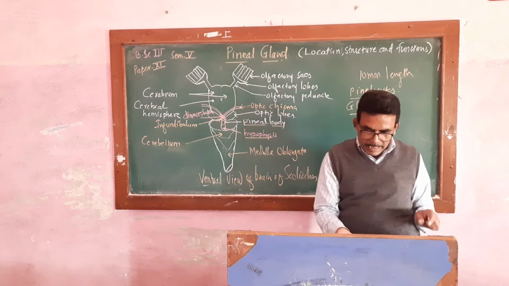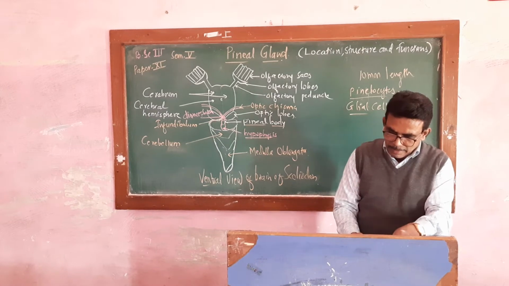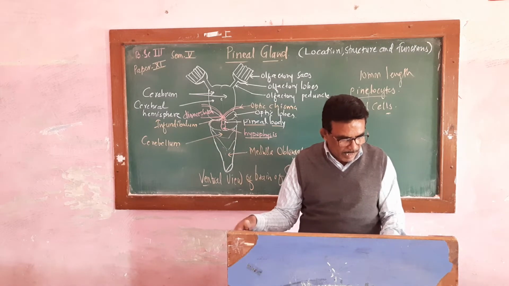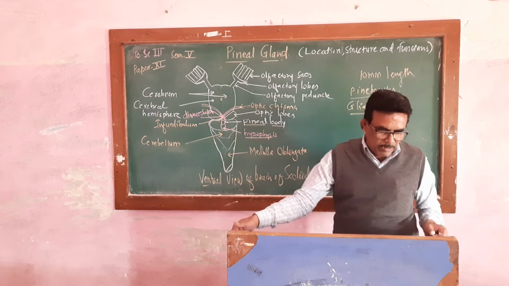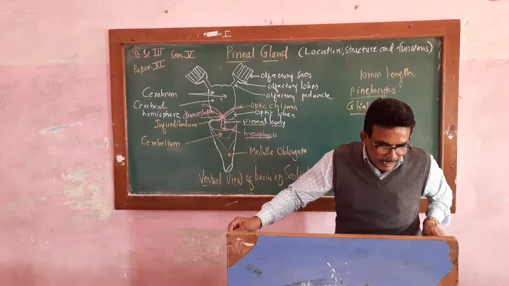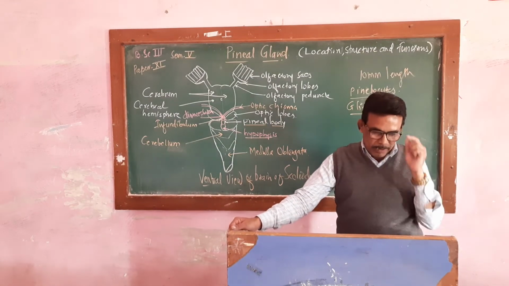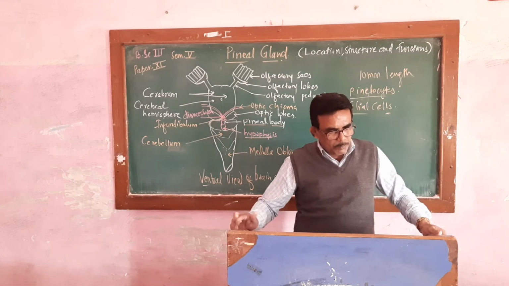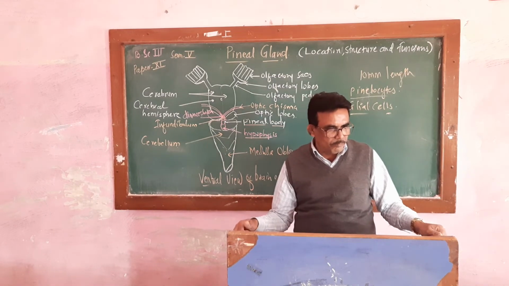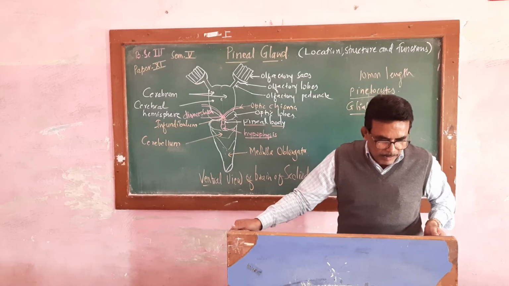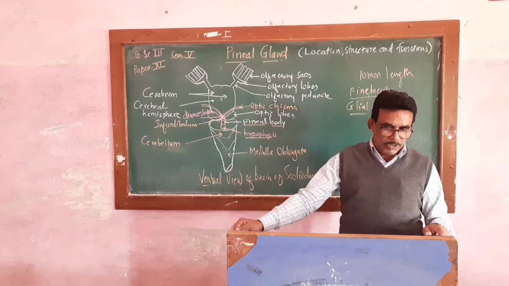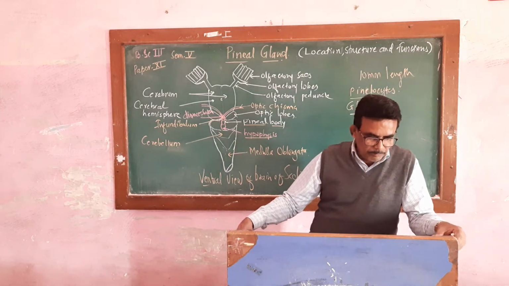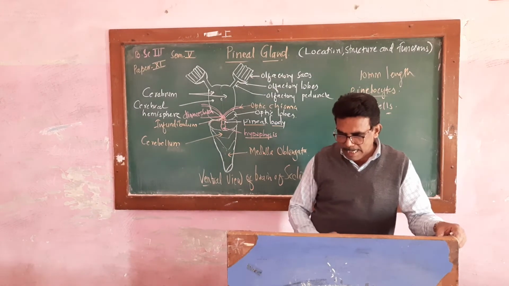The pinealocytes are like neurons, and they are stellate or star-shaped, while the glial cells run between the nests of pinealocytes, and they have ovoid nuclei. And these glial cells and pinealocytes show accumulation of calcium-rich particles, which is called brain sand.